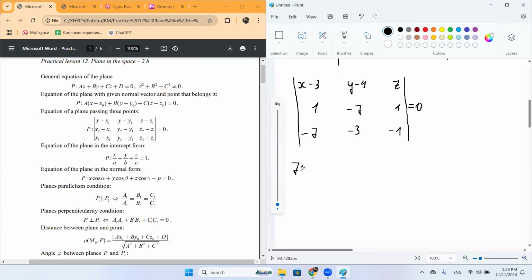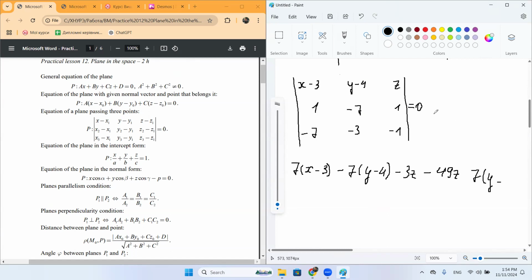So 7x minus 3, minus 7 y minus 4, minus 3z, minus 49z, plus 7 y minus 4.